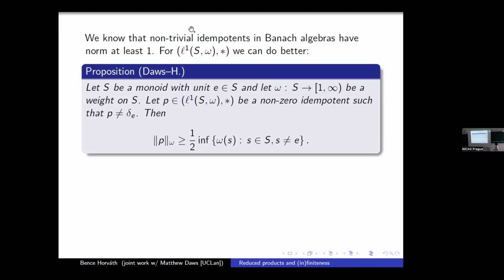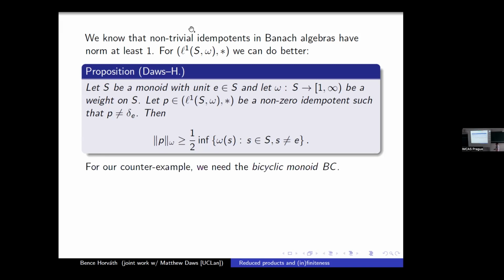You take the infimum of the weights, where these s run through your monoid except the multiplicative unit, and then you need to halve it. So this means that if you put weird enough weights on some monoid, these idempotents can indeed have very large norms.